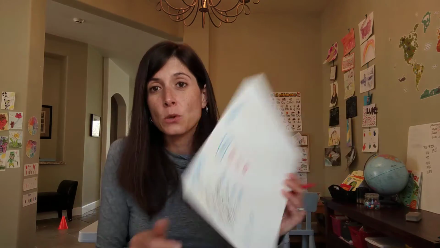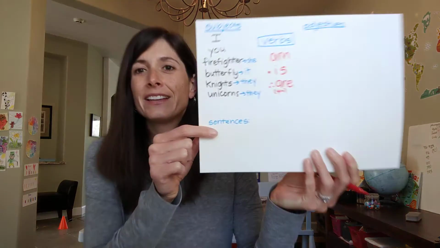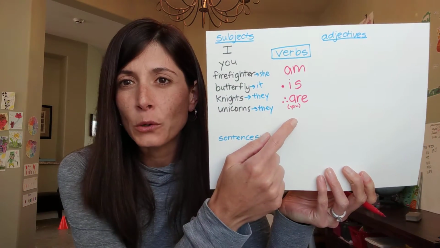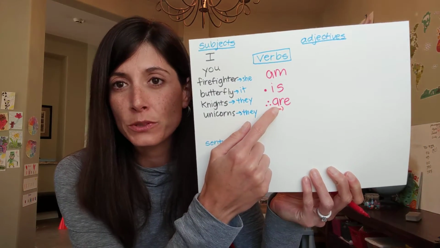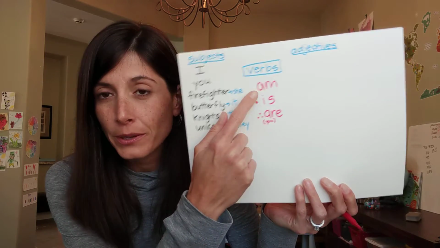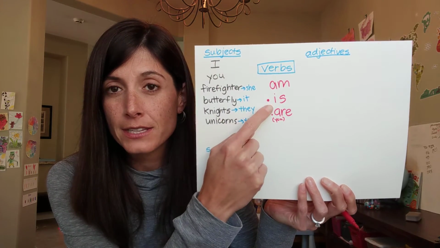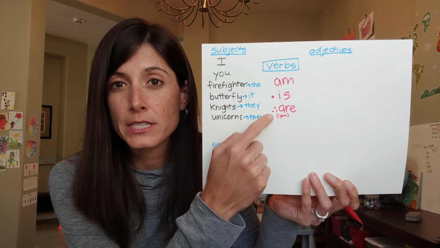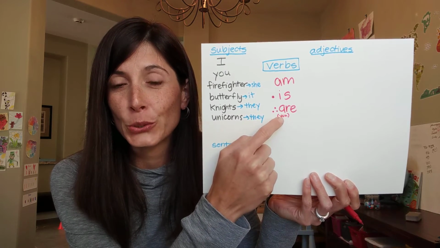Are is only used for plural subjects and the subject you, whether it's singular or plural. The subject you goes with the verb are and plural subjects, so my 3 little dots. So again, am goes with I, is for singular subjects, are is for plural subjects, and you.